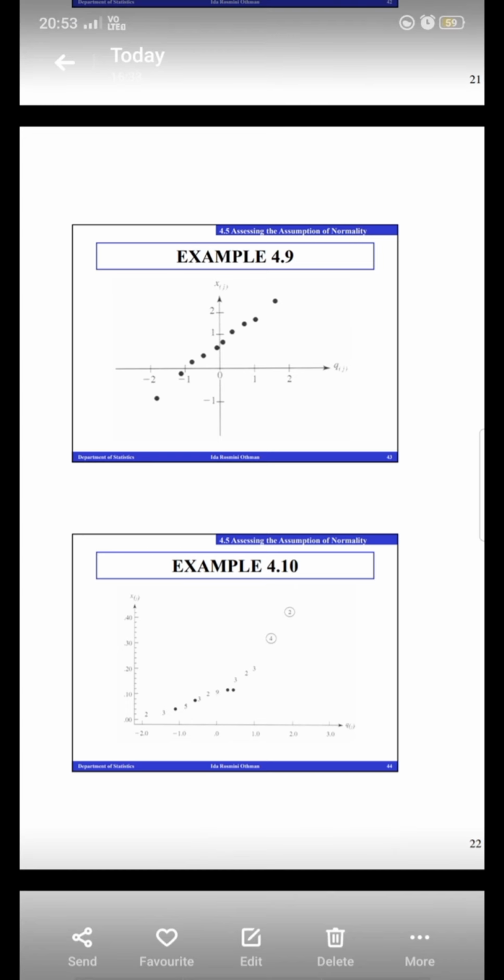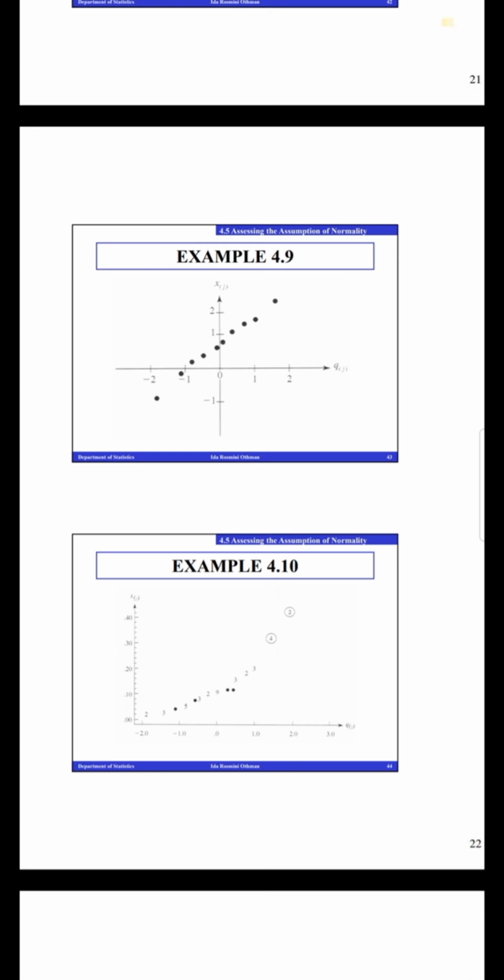Observation versus quantile. Okay, so still remember how to observe the QQ plot. We want to see whether our variable tadi adalah normal ke tidak, normal or not. We can see from the straight line, kan? So from this graph kat sini, example 4.9 ni, we can see that the pair of xj dan qj ni adalah lie very nearly along a straight line.